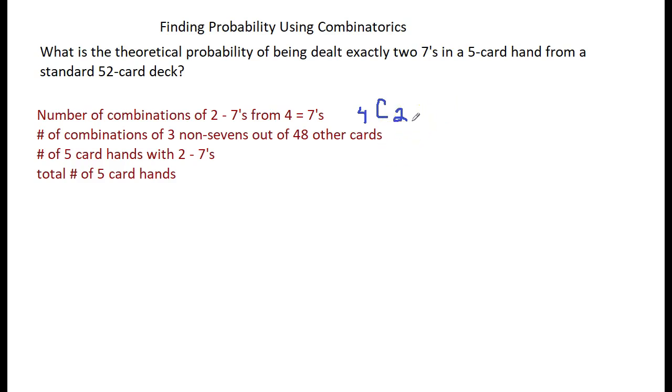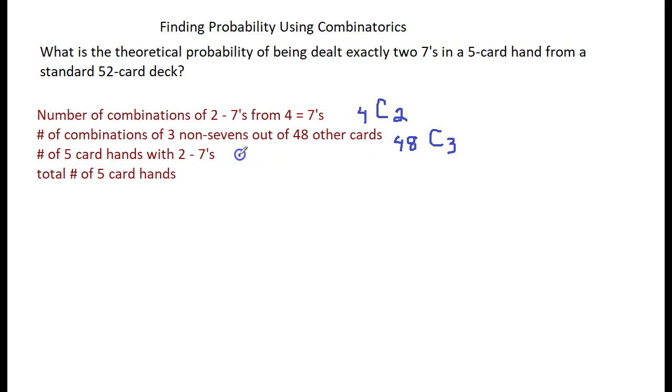Then the number of combinations of 3 non-7s out of the 48 other cards is 48C3, because 3 of our cards come from the other 48 cards. Now, the number of 5-card hands with 2 7s in them would be the multiplication of these two.